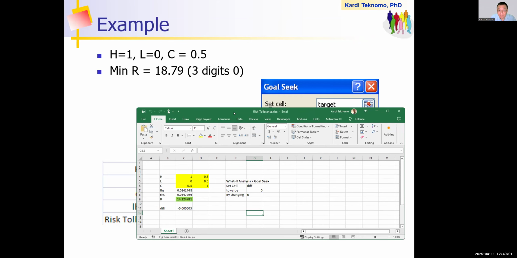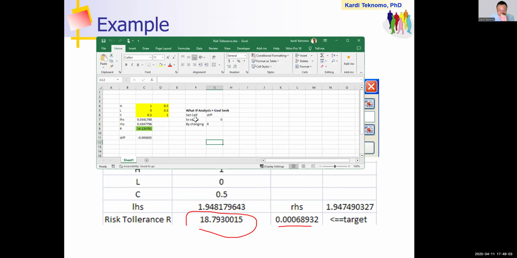So I set it up in Excel. These are the numbers that we put on the left-hand side. You multiply the probability and then 1 minus H, divided by R, right?